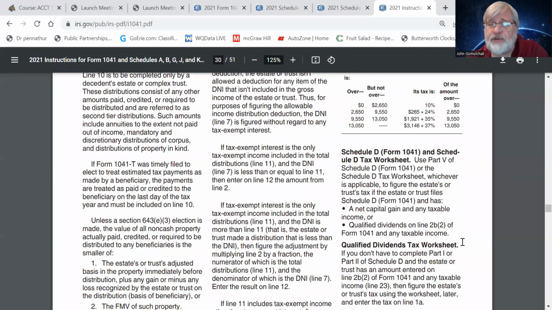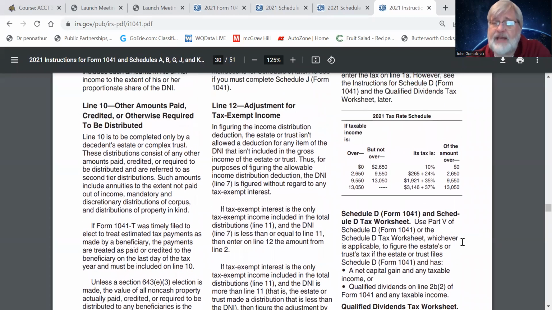Okay, so you should be seeing the instructions again. And as such, you see the tax rate schedule. So we have $4,700, which is going to be in this second bracket here.